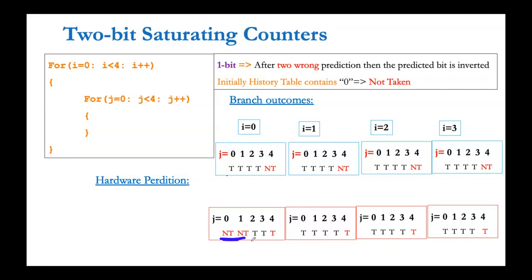If there are consecutive not taken outcomes and the actual branch outcome is taken, then only it will change its decision from not taken to taken. But for single wrong predictions, it is not changing, not changing, not changing. Okay, so you can expect this kind of question.